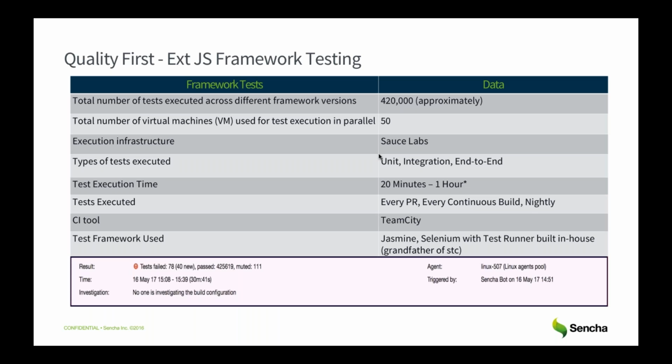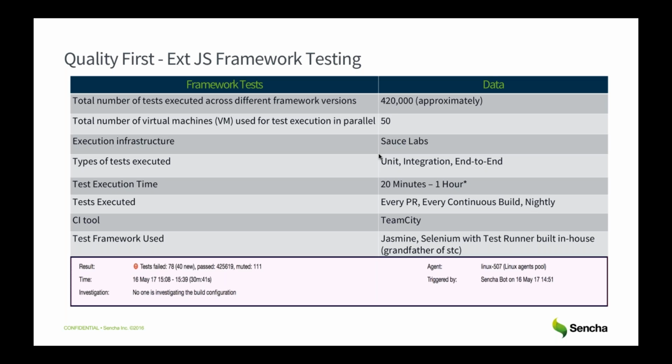And within Sencha, as I said, quality is very important for us. We have done a lot of work to get to where we are today. In fact, the product that I'm going to be demoing today is the grandchild of the product that we use internally at Sencha.